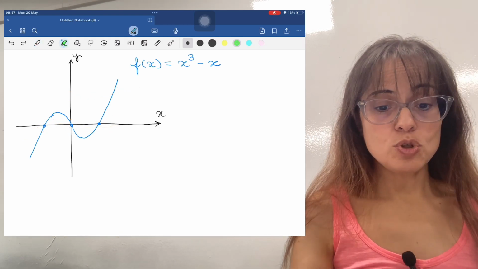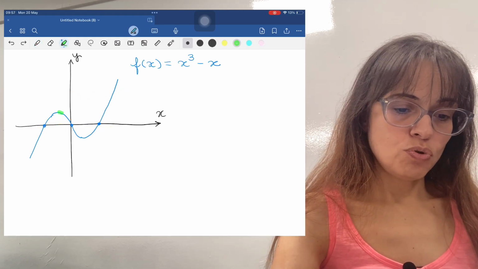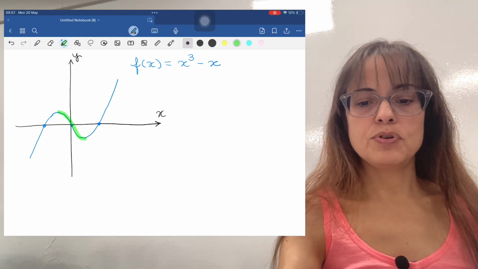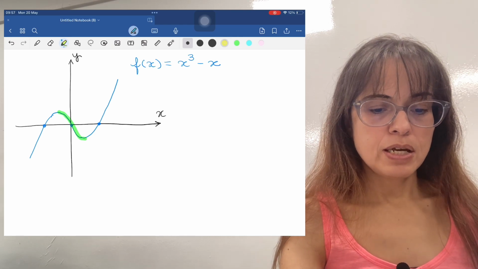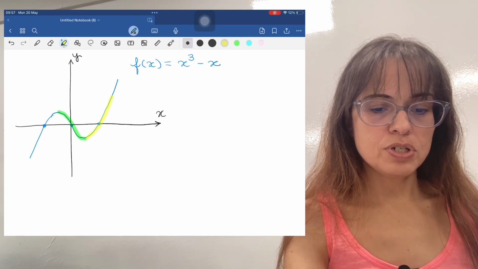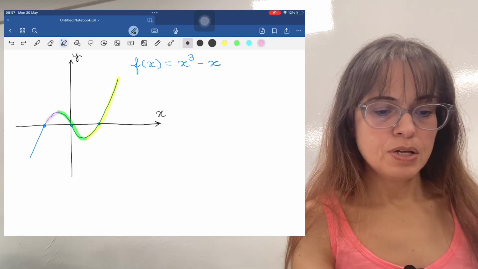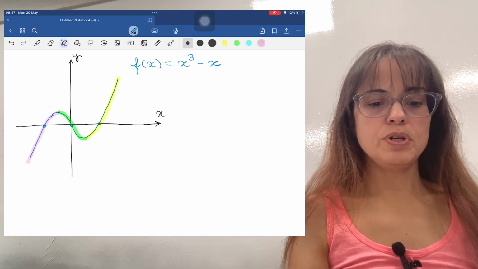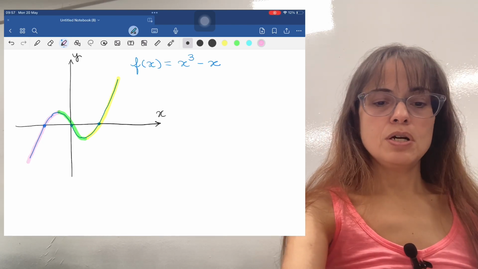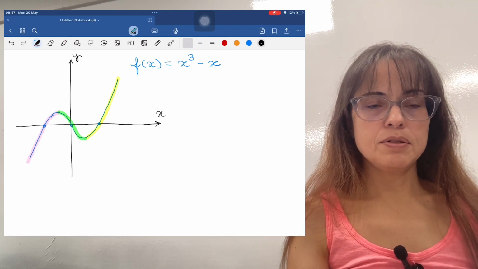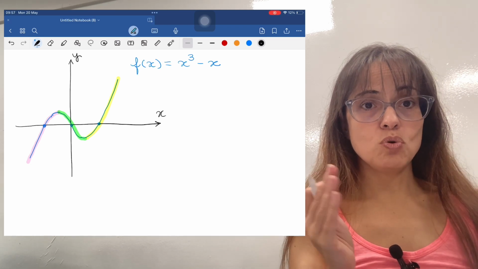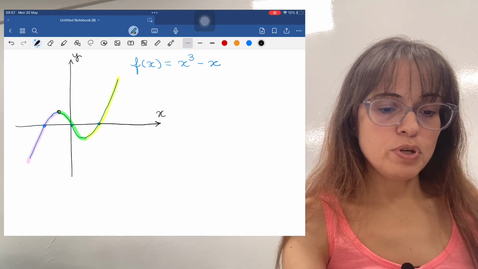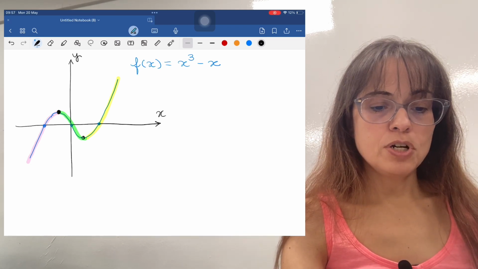But if you wanted to split up your function into three parts, three different domains, and invert each function separately, then you can do that. It would be these three functions here. And the place where the domain changes needs to be the turning points.